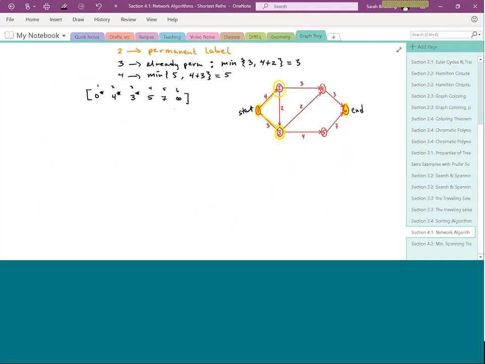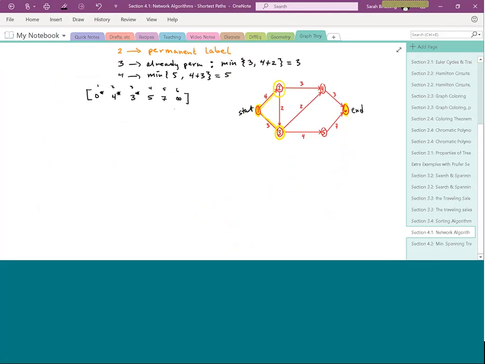And the question is about vertex 4 becoming permanent. So the actual algorithm tells you that every label that is not permanent, you're going to go and focus on the smallest one next. So vertex 4 next will become our next smallest weight because it has a current weight or length of 5. So that'll be the one we target next.